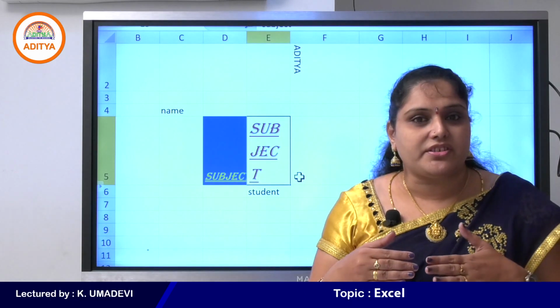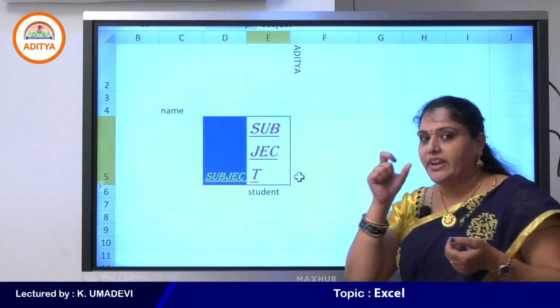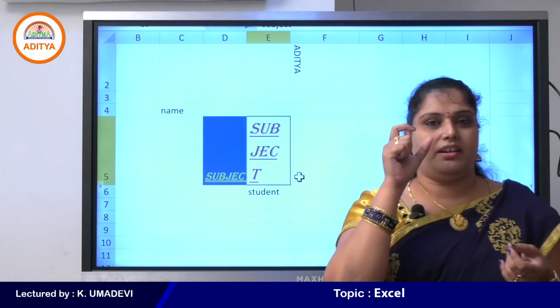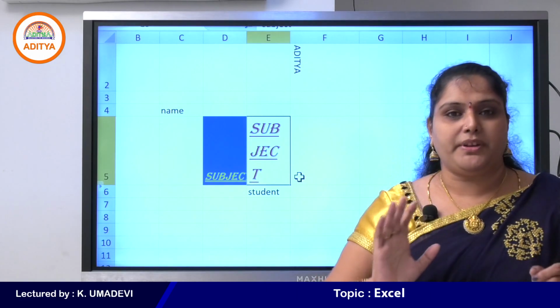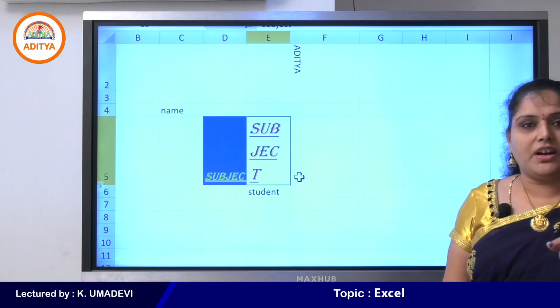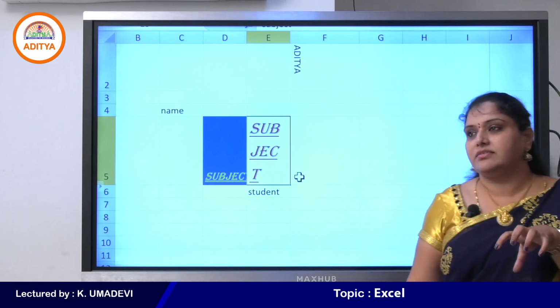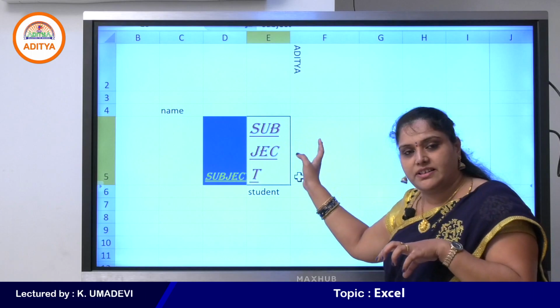So that means if the text is too long, the text is automatically moved to the next cell. So if you want to adjust the data in a single cell, simply select the wrap text option under the home tab. It simply displays the text in multiple lines without overflowing to the other cells.